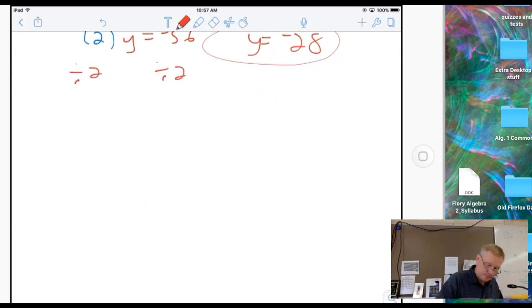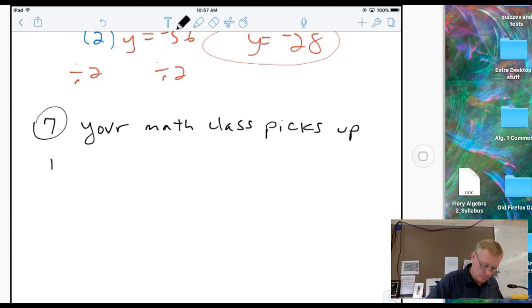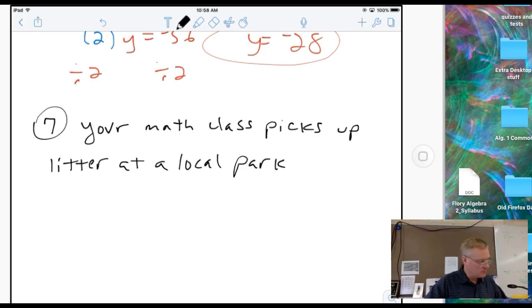7. Your math class picks up litter at a local park. Each week, the amount of litter is approximately the same.